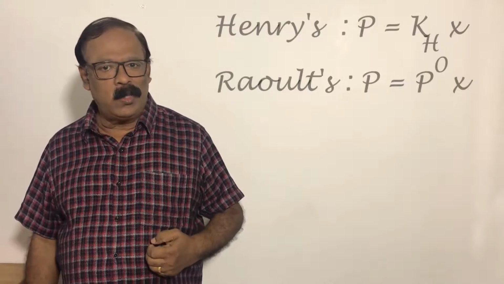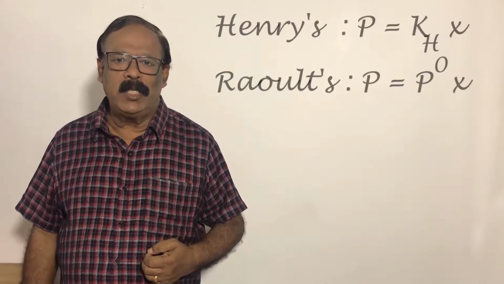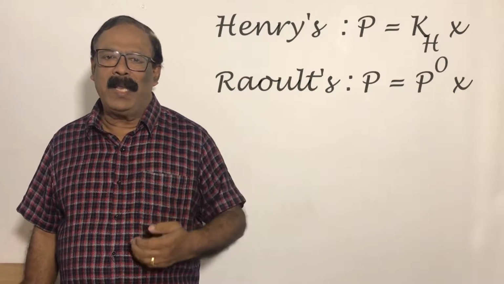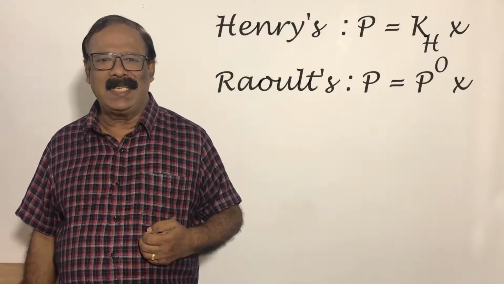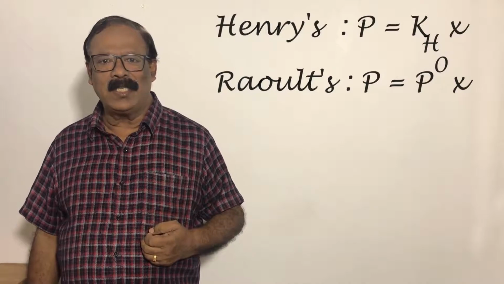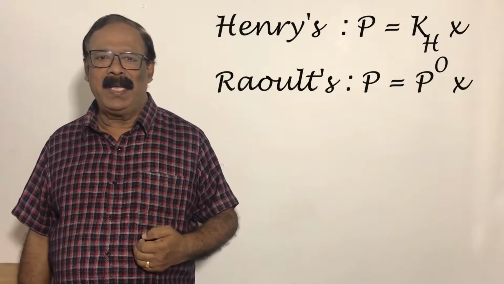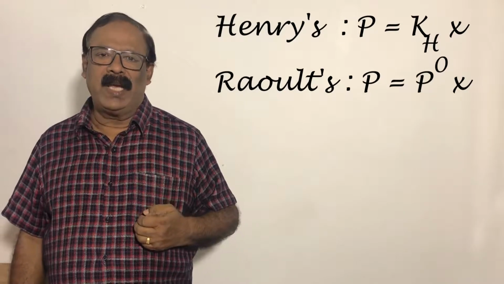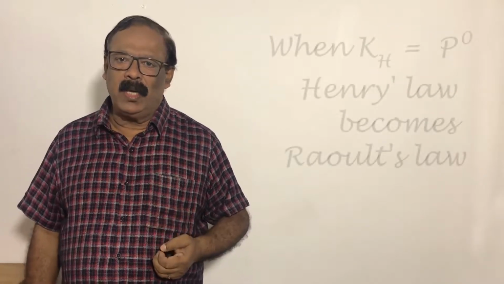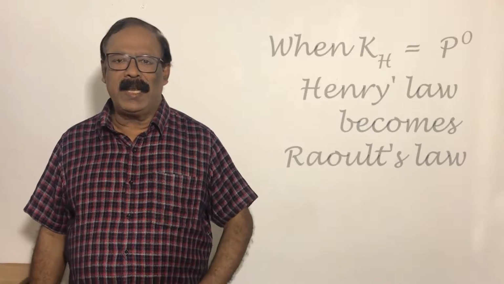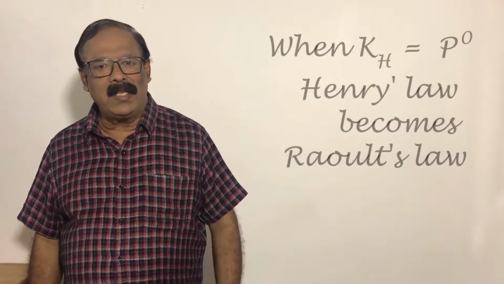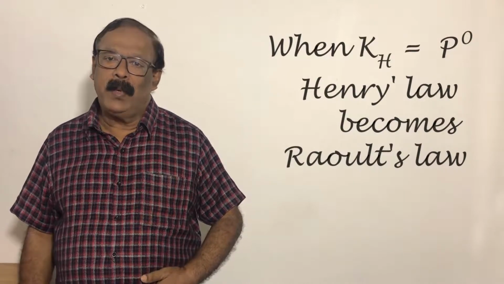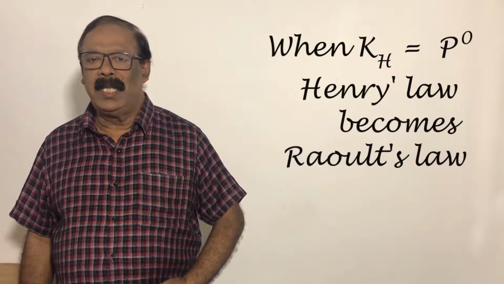According to Raoult's law, P equal to P0 into X. On comparing the two, we can see that the Henry's law constant is replaced by P0 in Raoult's law. So we can consider Raoult's law as a special case of Henry's law, where the Henry's law constant KH is equal to the vapor pressure of the pure component P0 in the solution.